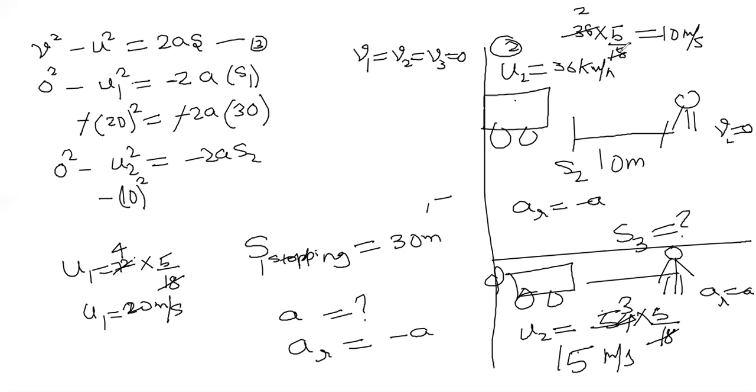This is 10, no? u2 is 10. Is equal to minus 2a, s2 is 10. This is your second equation. This is my equation number A. This is my equation number B.